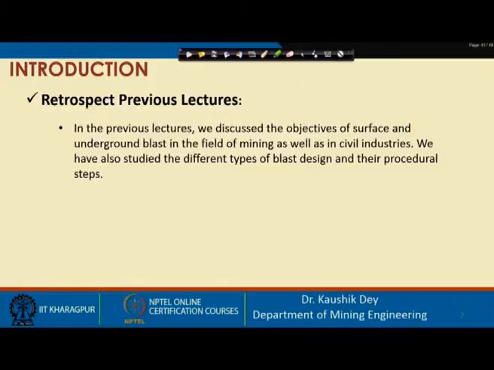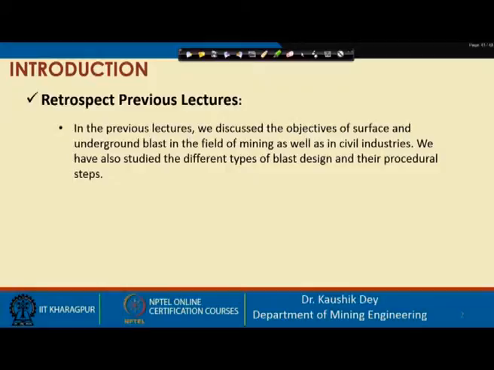In our previous lecture, we discussed the objective of blasting, which is carried out in surface and underground cases, for mining and civil industries, and the objectives are different in both cases.